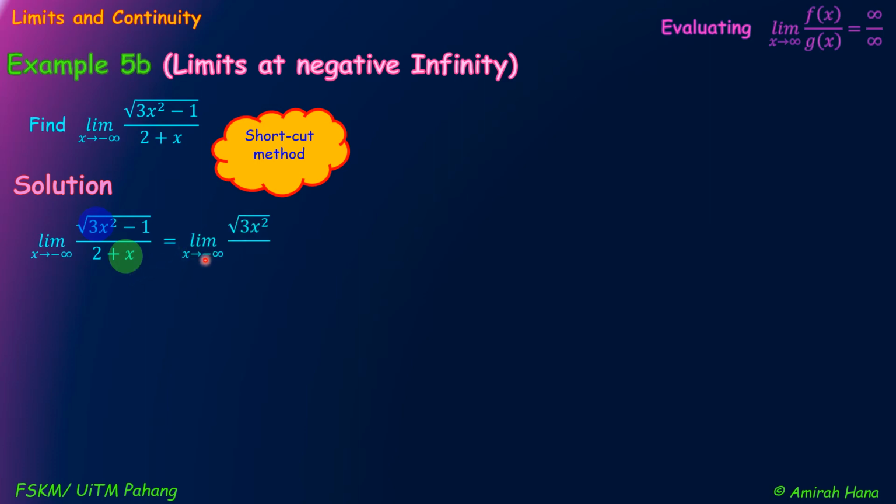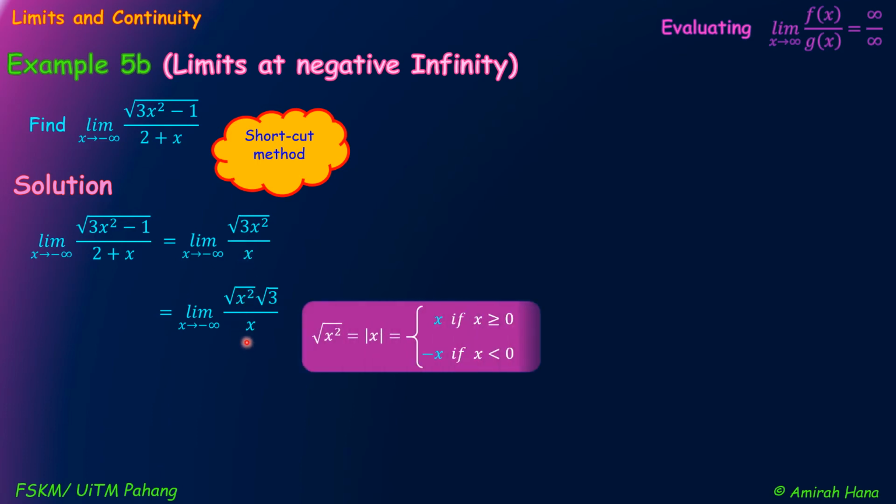So we can write the limit as x approaches negative infinity of square root of 3x squared over x. Using the properties of radical, if in between is a multiplication operation, we can separate the radical, so we write square root of 3 times square root of x squared, over x.